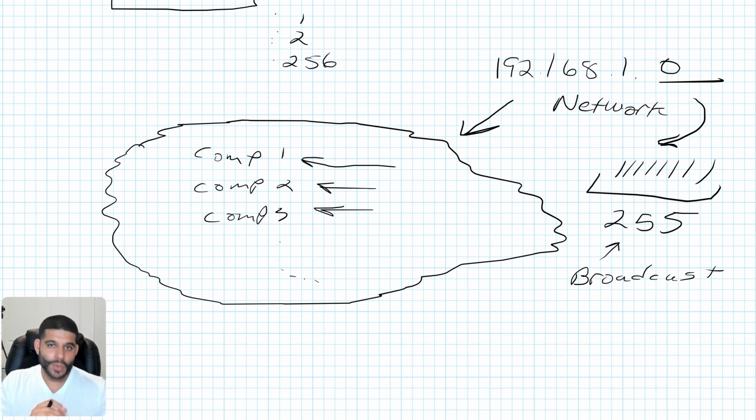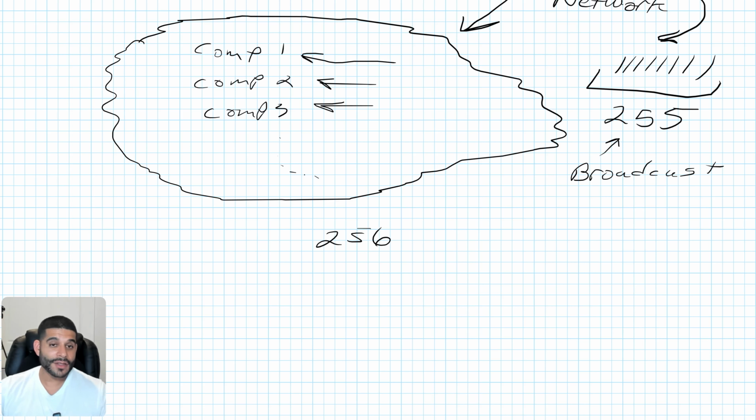So remember, you always lose those two addresses: the first one, the network, and of course the last one, which is 255. For those of you who are saying, hey, I had a total of 256 different addresses, but you only have 255 listed on there, how come you don't have a 256 as the last one?